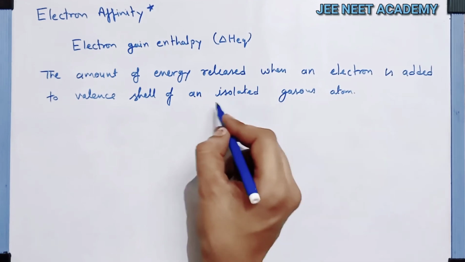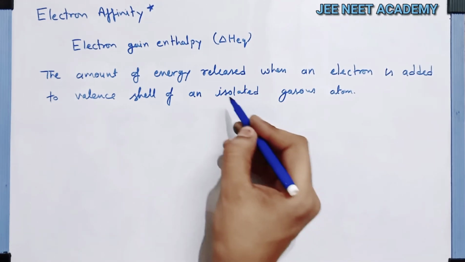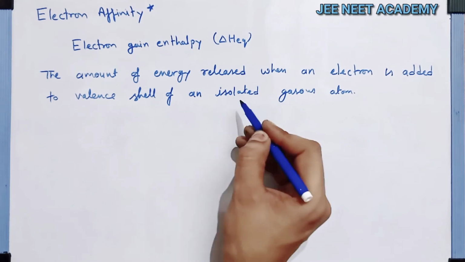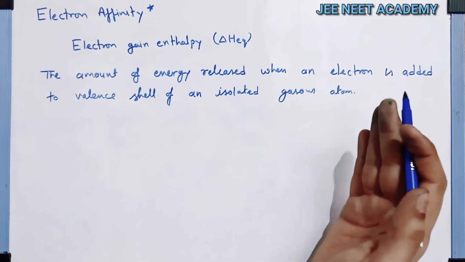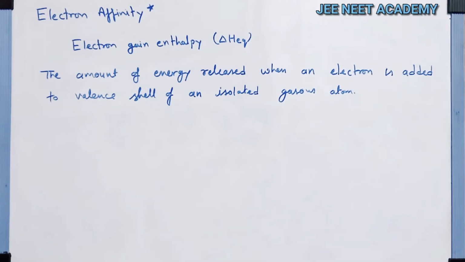Here this isolated gaseous system is the same as in ionization energy, because if the atom is in a solid state or liquid state, we first have to bring it into the gaseous state.